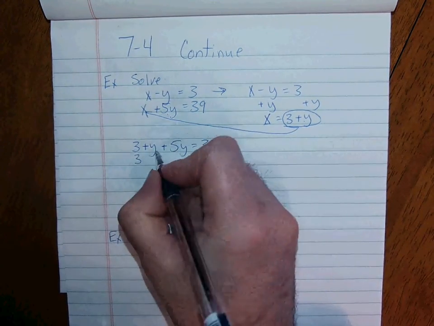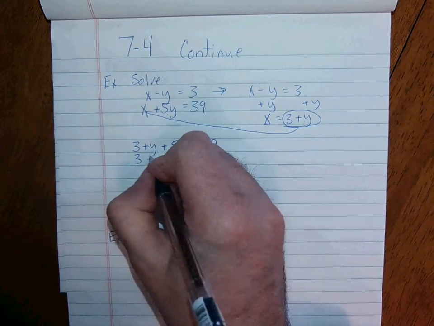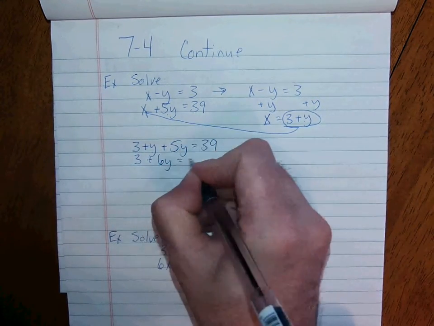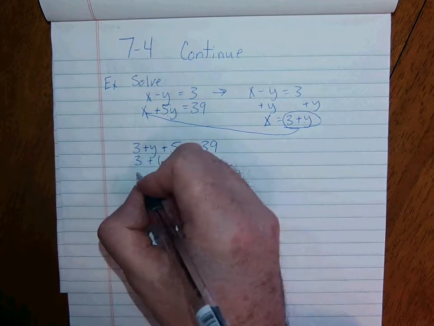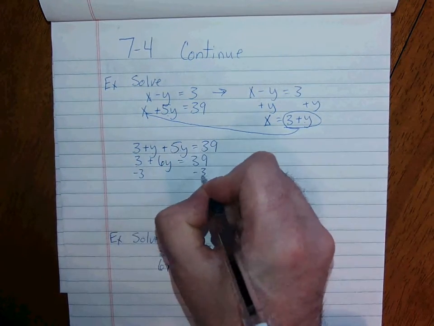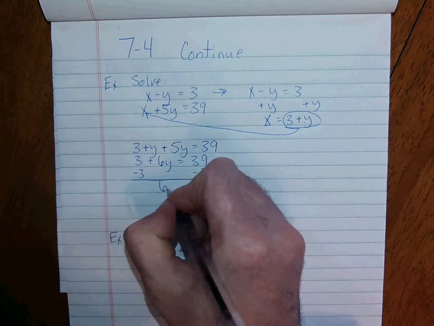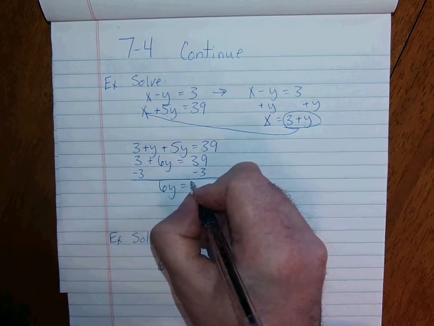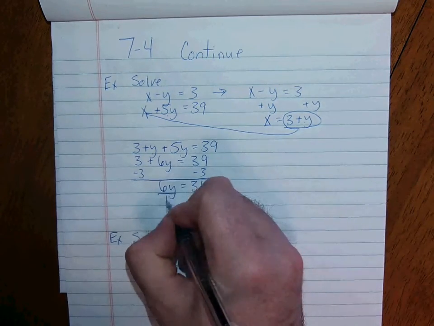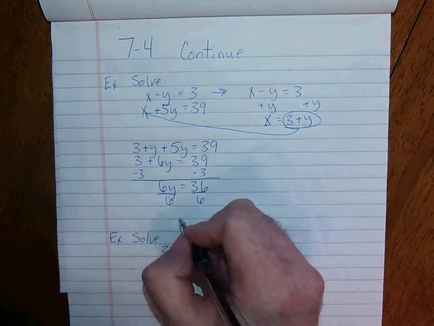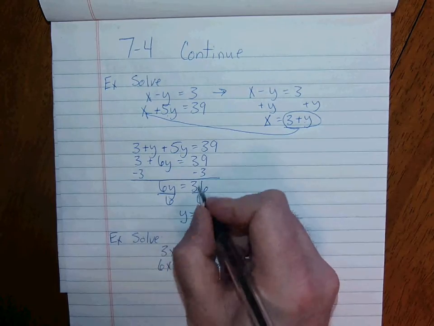So you have y plus 5y, that would give you 6y. Then you have to get rid of the 3, so you subtract 3 from both sides. So you have 6y equals 36. Then you divide both sides by 6, and you get y equals 6.